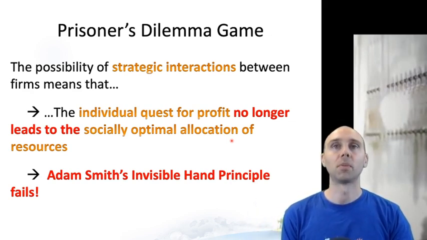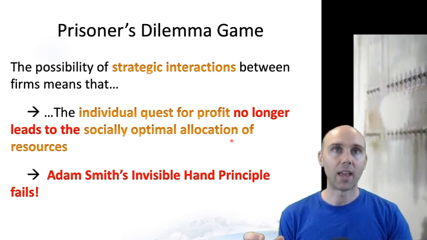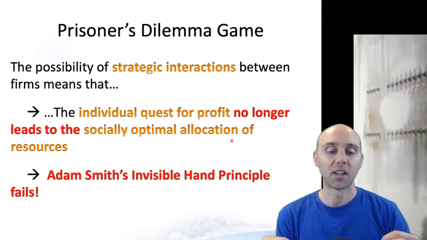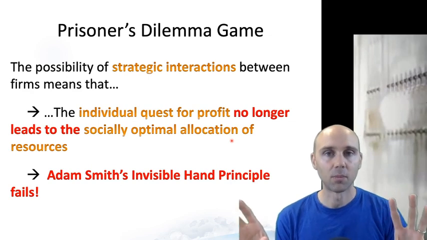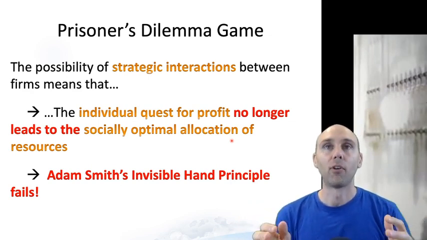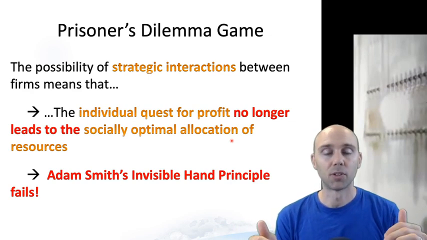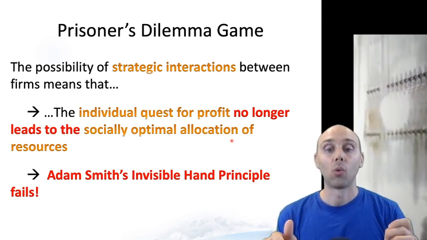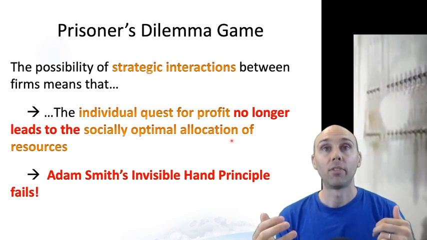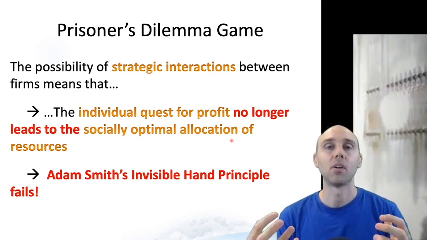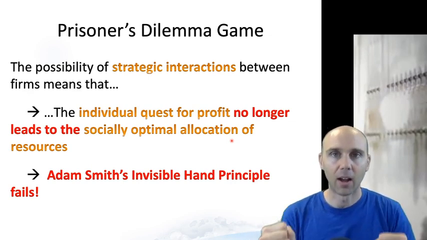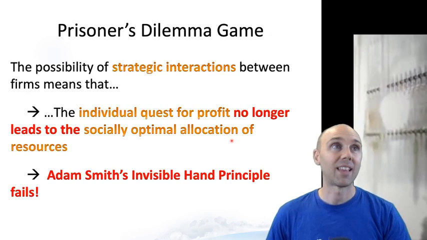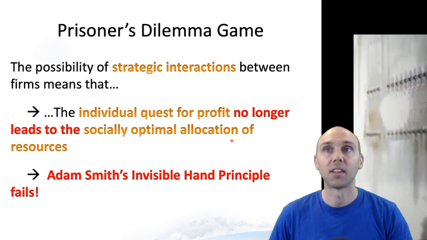So when we looked at perfect competition, this was the grand claim by Adam Smith, which is also used on the right side of politics quite a lot, which is this idea that without any intervention by anyone, just leaving the firms and the individuals, consumers, but mainly the firms, to act in their own selfish, self-interested way, will somehow magically, through the invisible hand, so through the price mechanism, lead to the most efficient outcome, the socially optimal allocation with maximizing surplus. But what we can see is that that actually doesn't happen if there are strategic interactions.